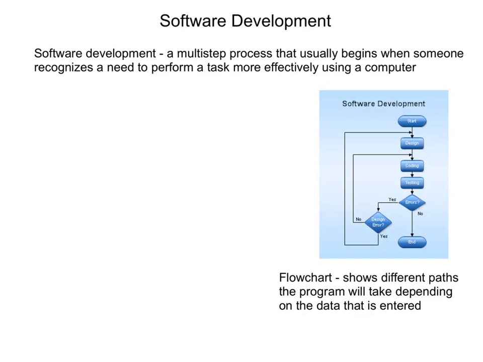Right? So we're on software development now? All right, software development, a multi-step process that usually begins when someone recognizes a need to perform a task more effectively using a computer. Okay? So software performs a task. So step 1 for software development is, what did we just do? Create an algorithm.